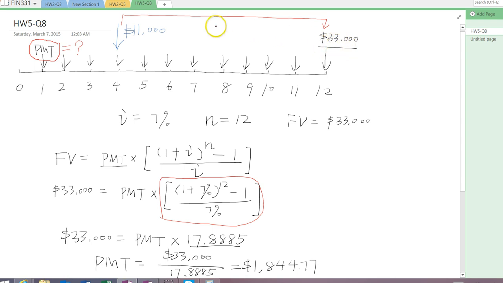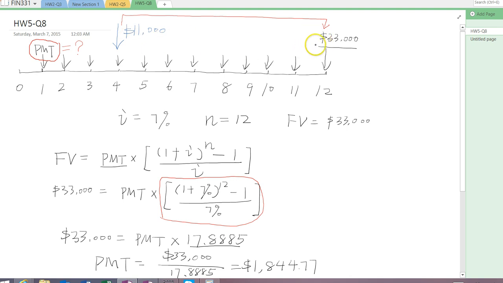So then, very logically, the first step would be getting the future value of this year 4 payment, this year 4 lump sum cash flow, $11,000. We try to get the future value in terms of year 12 first, because that's how much we're going to have in our bank account for this amount.